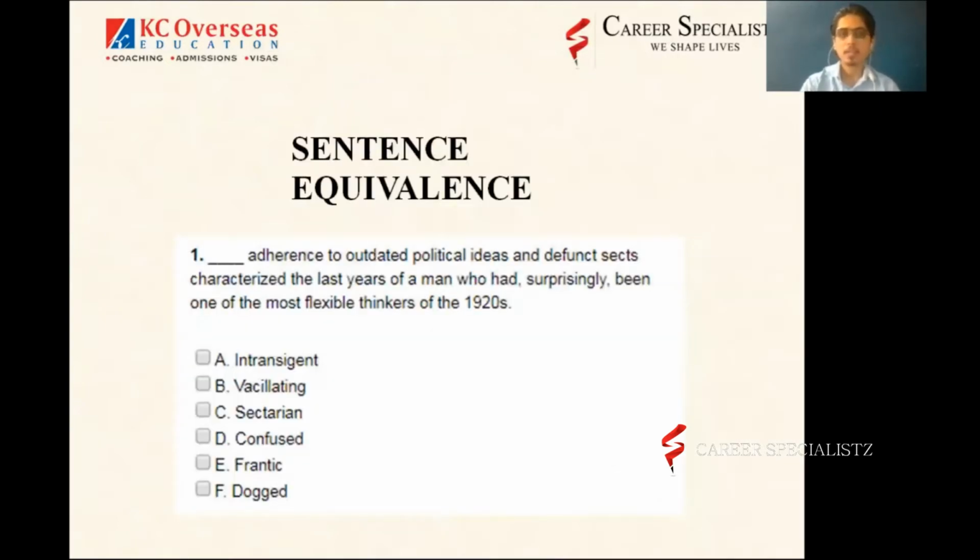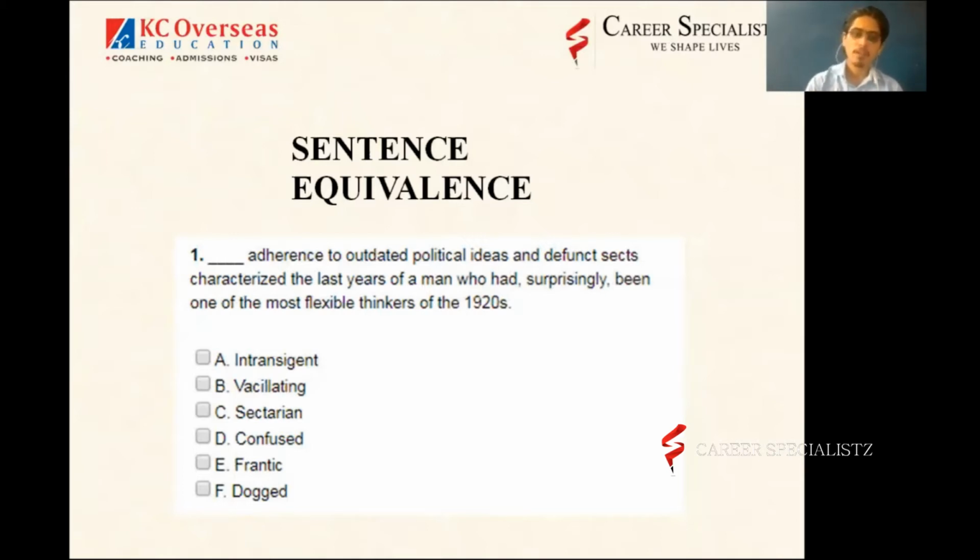The last type of questions inside the GRE verbal section are the sentence equivalence questions, wherein again, just like the fill-in-the-blanks, you have a blank and you have 6 options from which you have to select the 2 most appropriate answer choices, which when filled individually in the blank, provide us with a sentence with exactly the same meaning.